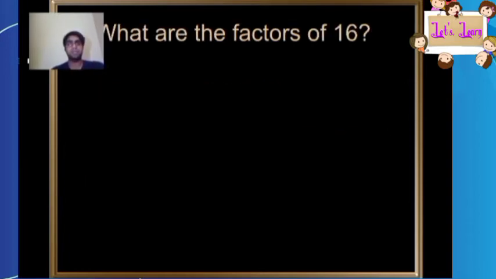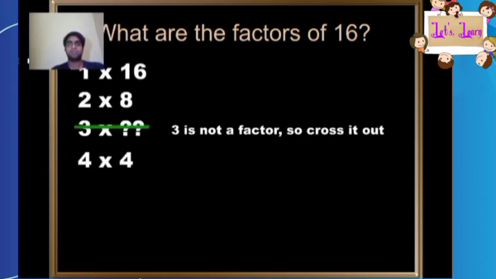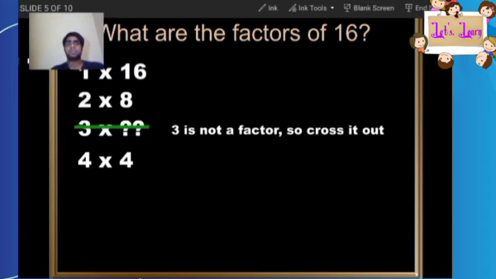Let's have some examples. I am taking the number 16. 1 into 16, 16. Yes. 2 into 8. Yes. 3 into what is 16? Any number? No. That means no number multiplied by 3 can give 16, so 3 is not a factor. Cross it out. 4 into 4, 16.